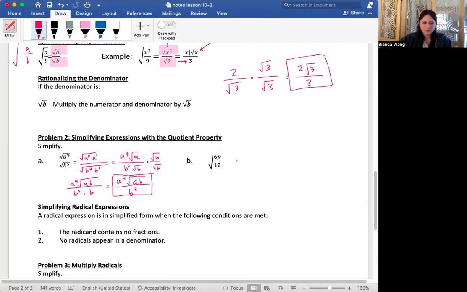Let's look at this one. We can look at this as square root of 6 over square root of 12 times square root of y over 1. We look at this, this is actually something we can reduce.